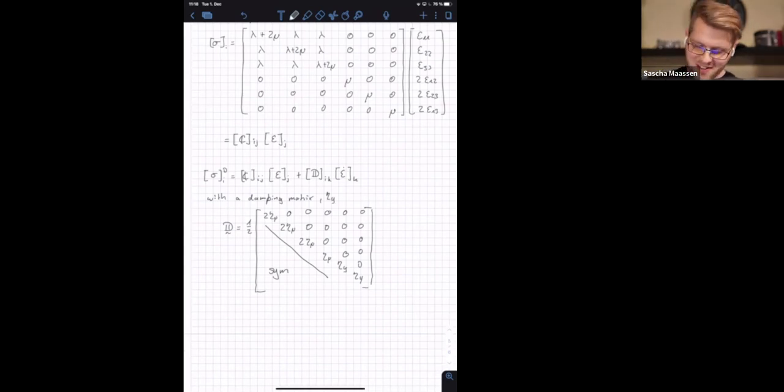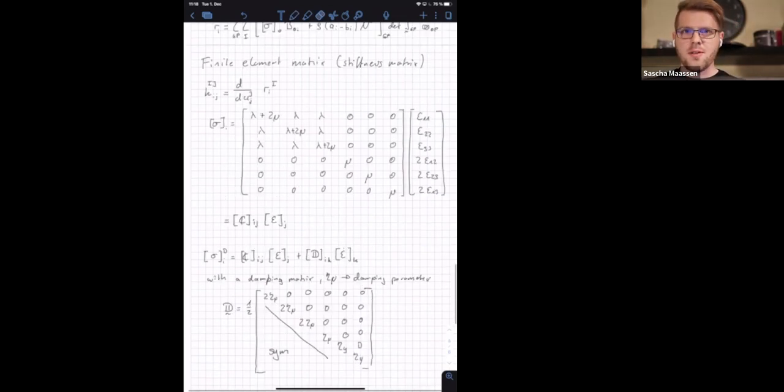Sorry, I'm running out a little bit of Greek letters, and the mu looks different for me. So this would be a damping parameter, which is also like a material parameter and will be introduced to the finite element as an input, just as Young's modulus and Poisson's ratio.